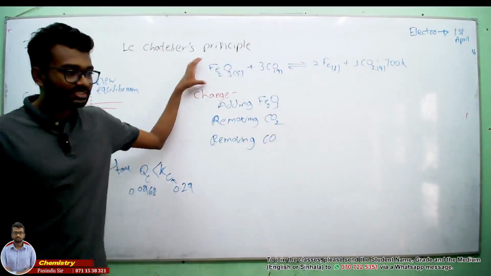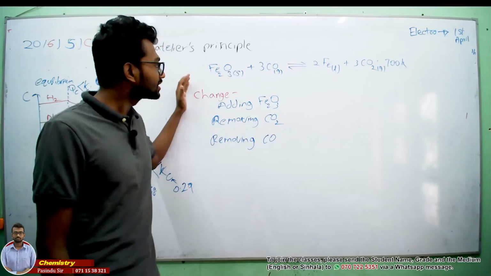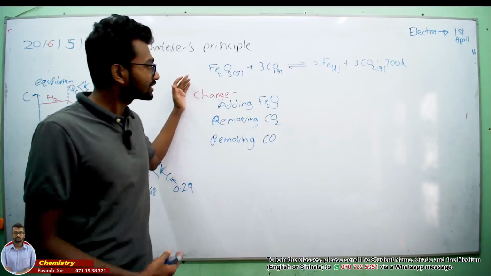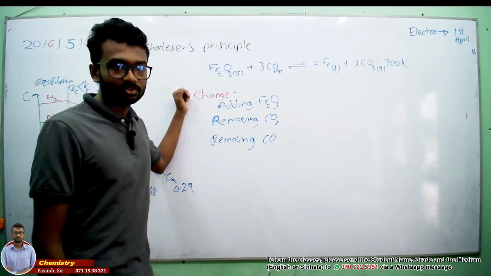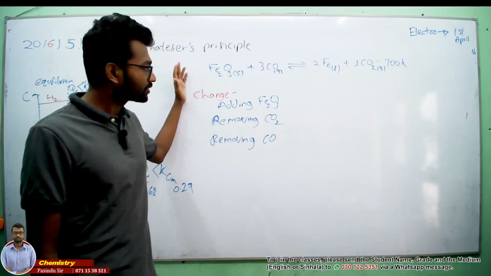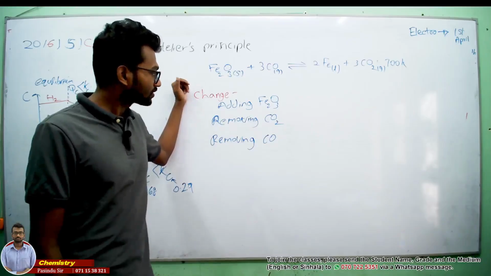Right, so we can use this concept to increase our yield, right? What is the yield here? Fe, right? We have to produce Fe. That's what we do. So what are the things we can do to increase the yield?